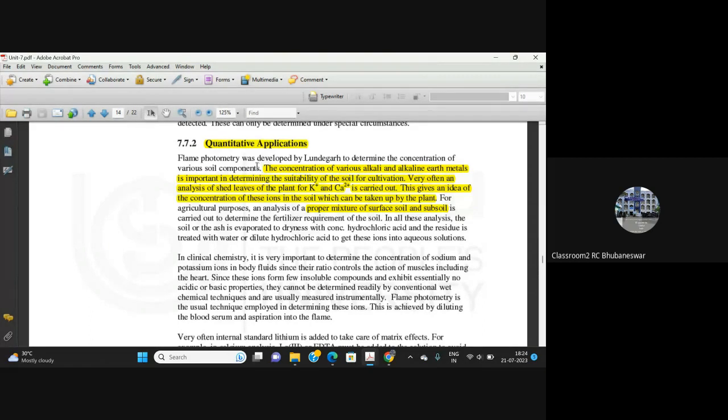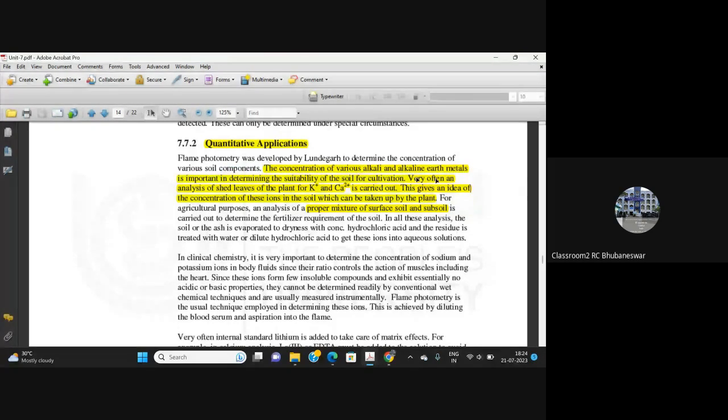So the concentration of various alkali and alkaline earth metals is important in determining the suitability of soil for cultivation purposes. So mostly for agricultural research, you can go for this kind of studies.